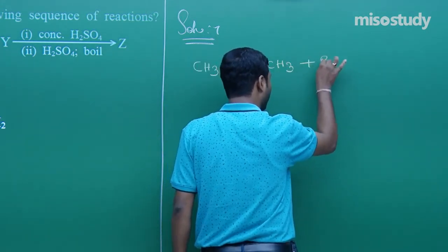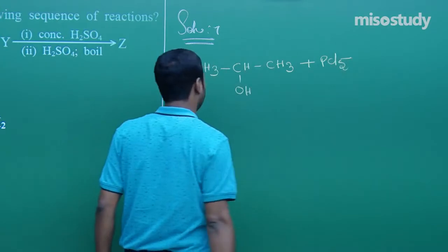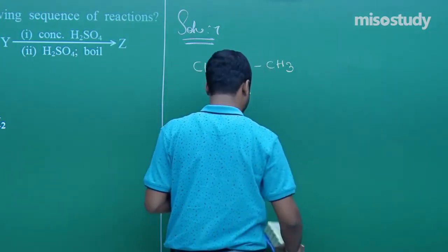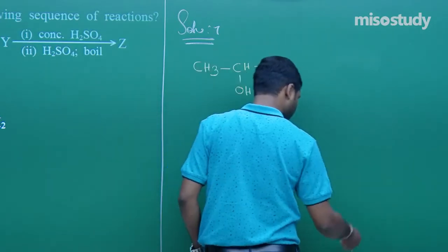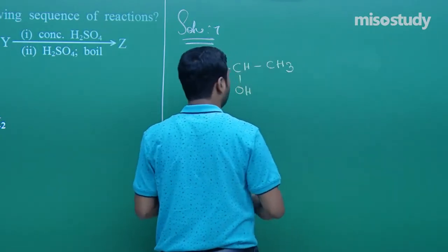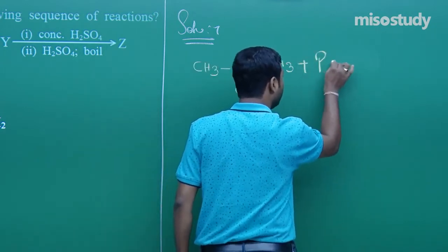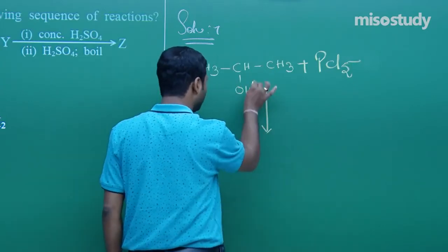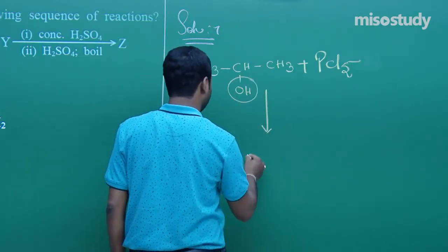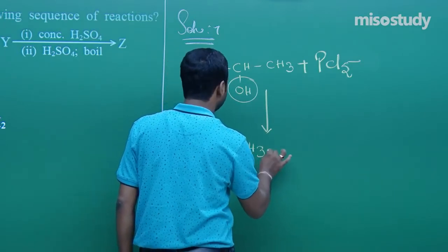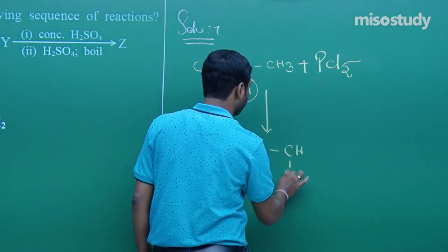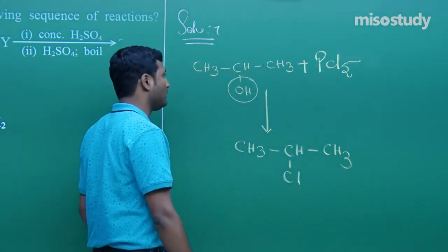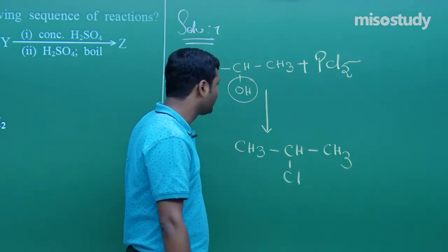As we know, any alcohol when treated with PCl5 gives you removal of OH, that is CH3 CHCl CH3. The byproduct is also POCl3 and HCl also, clear to you?